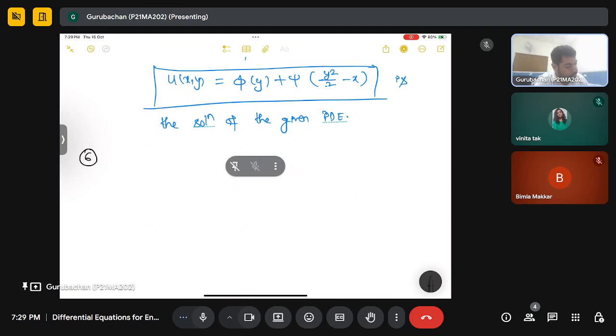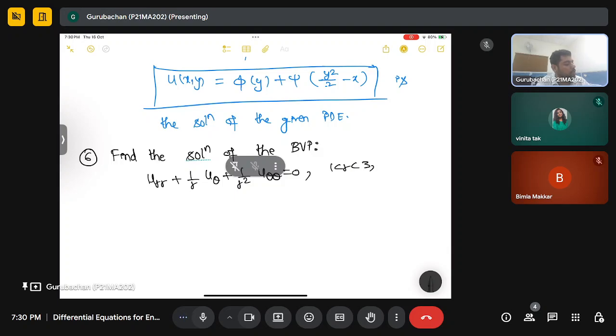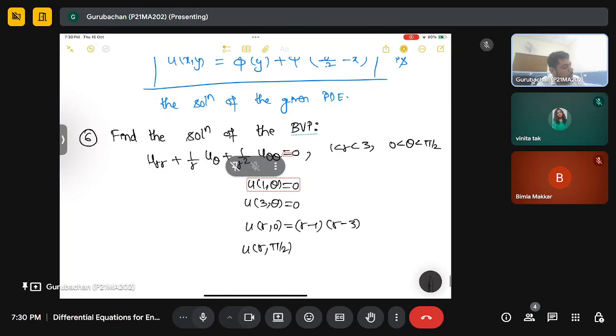So question number 6, find the solution of the boundary value problem u r r plus 1 by r u r plus 1 by r square u theta theta, and your r lies between 1 to 3 and your theta lies between 0 to pi by 2, and the boundary conditions are given as u 1 theta is 0, u 3 theta is 0, u r 0 is some r minus 1 r minus 3, I think, yes, u r pi by 2 is 0.